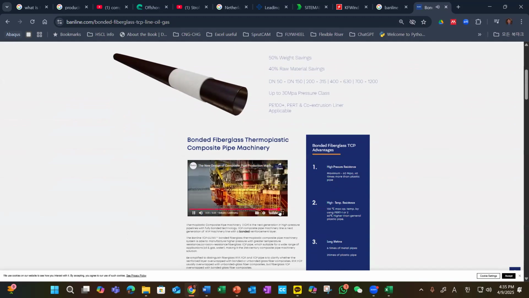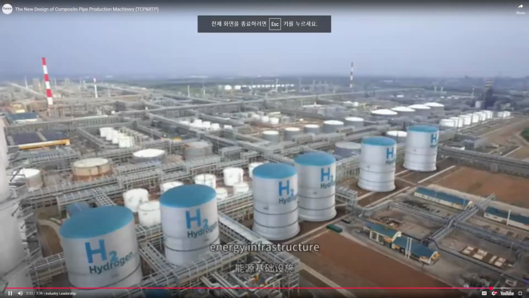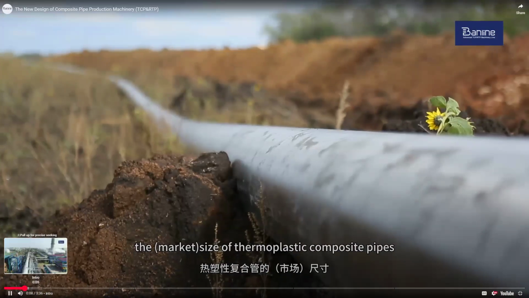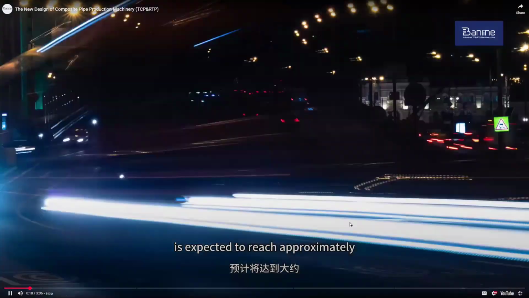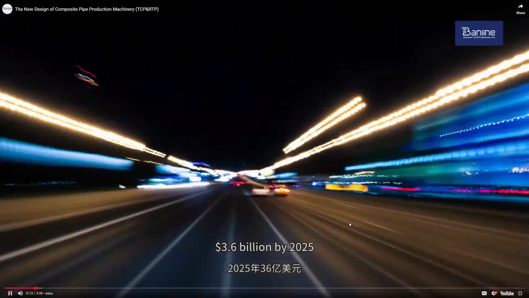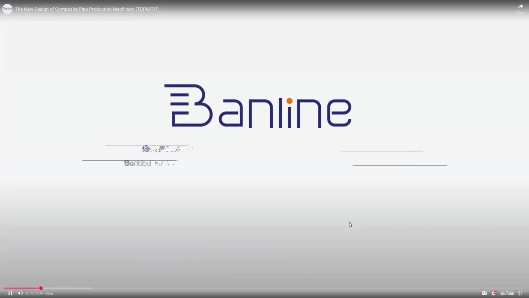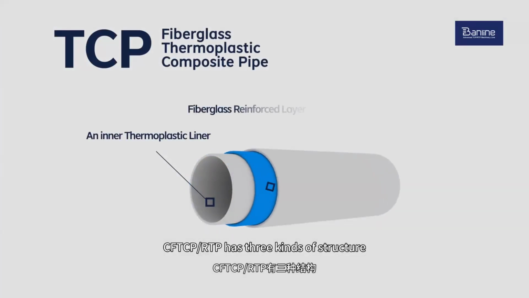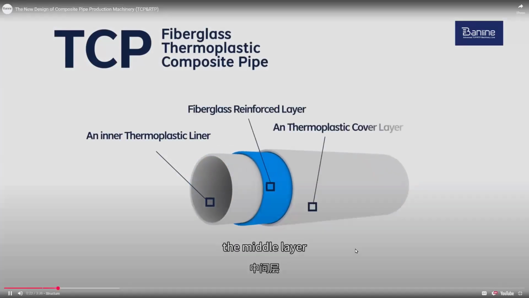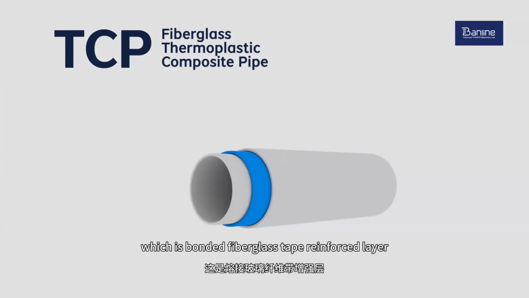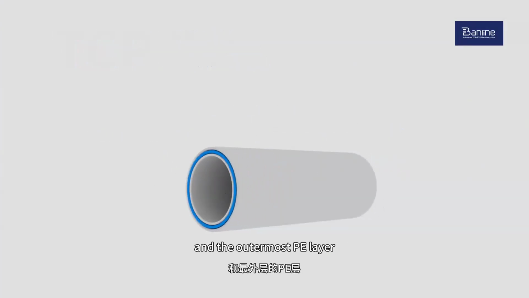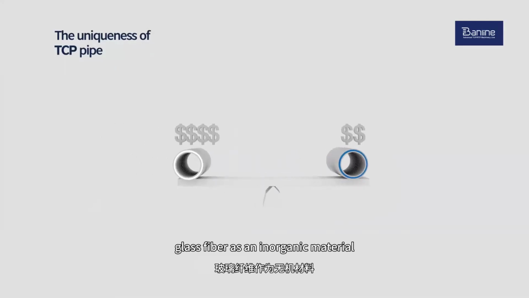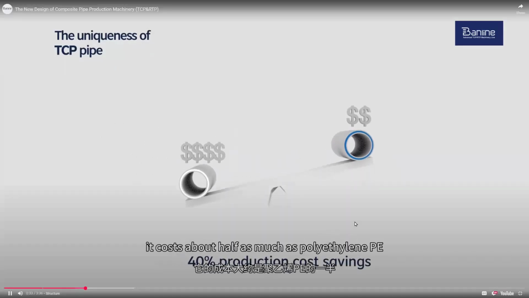Based on the demand, advancing its energy infrastructure, the market size of thermoplastic pipe is expected to reach approximately $3.6 billion. The RTP is three times bigger, the middle being bonded fiberglass, and the outermost. And the most important is the fiberglass pipe at the middle.